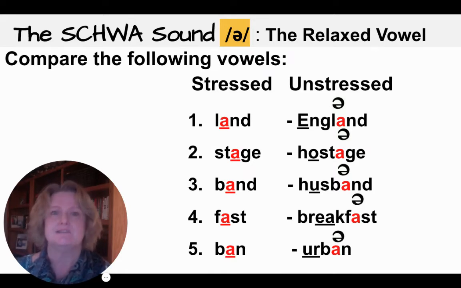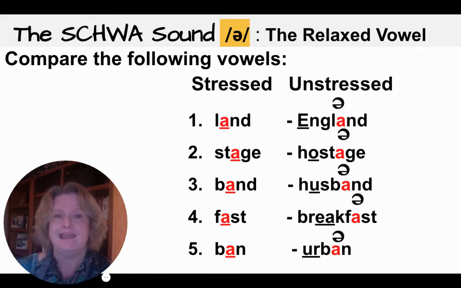Stage is gray and it's stressed. Now, if you take the word hostage, the stress is on hos, which then makes the A no longer gray, but just schwa, hostage.